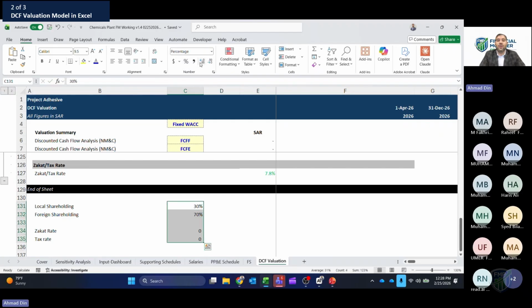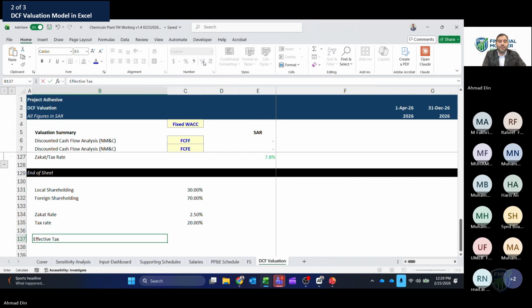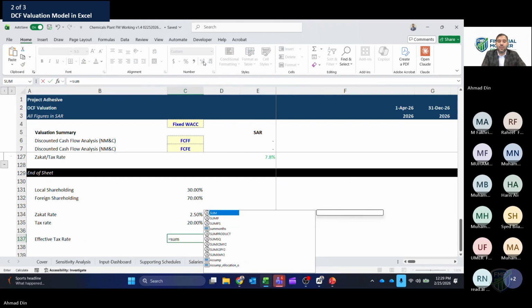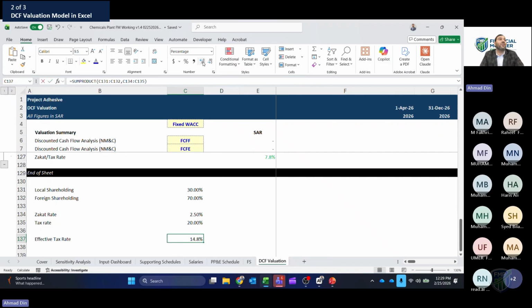So we need to calculate our effective tax rate. So the effective tax rate will be, okay, this can be our effective tax rate.